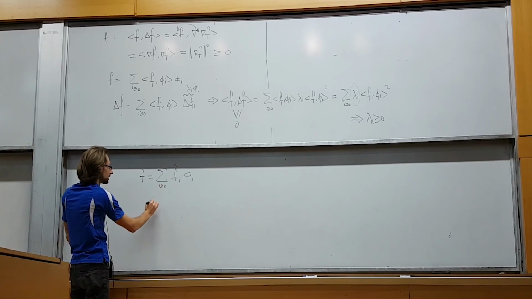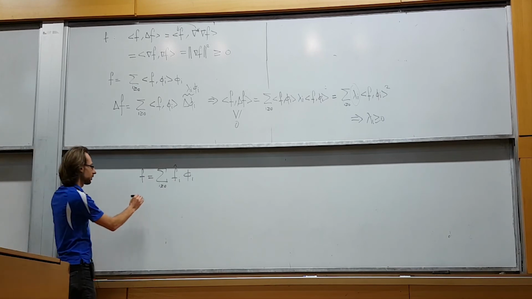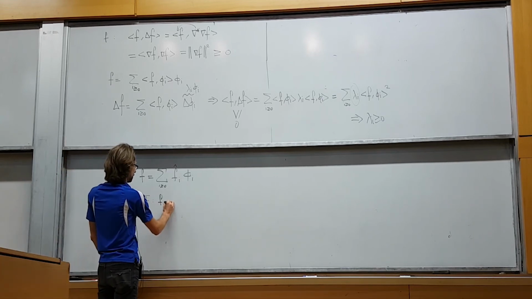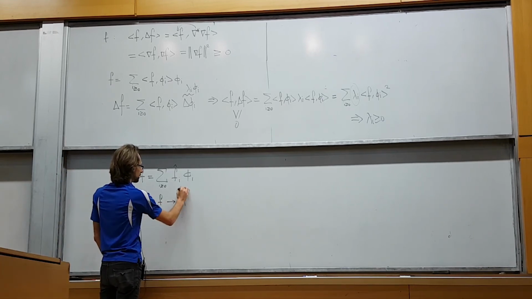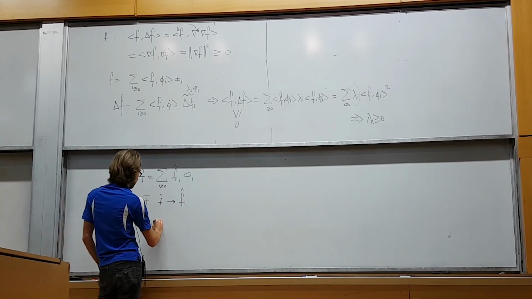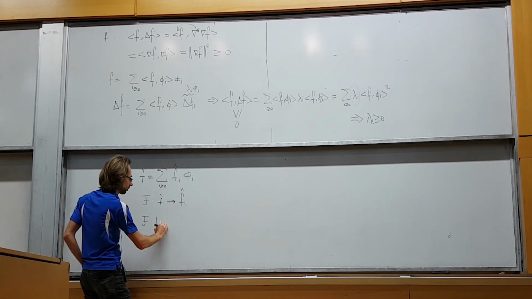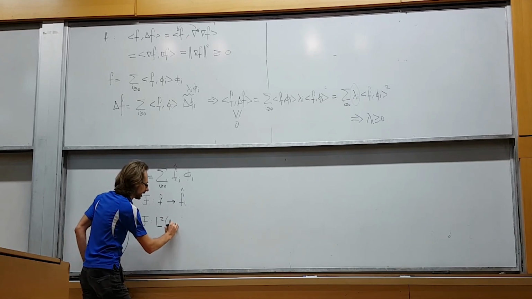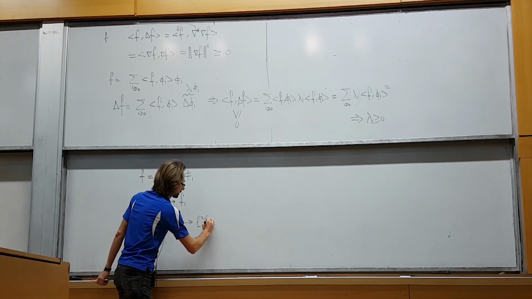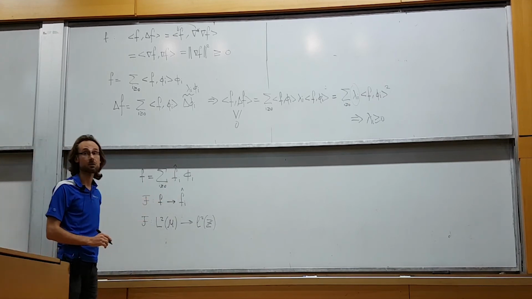So these coordinates are called the frequency response of f, and the operator that takes f to this sequence f hat is called the Fourier transform. So essentially, the Fourier transform is a map from, okay, if now I need to make a distinction between graphs and manifolds, let's say I'm on a manifold, and you can easily extend it to graph. It maps a scalar field to a square integrable sequence. Okay? So this is called the Fourier transform.